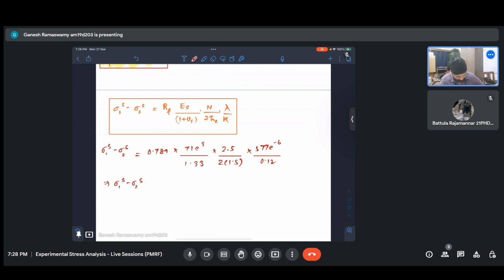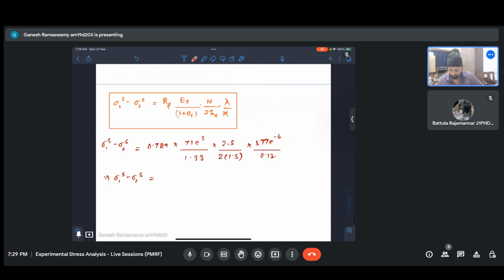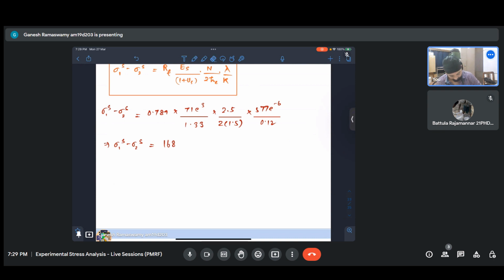This will come out to be 168.77 MPa. So you can also parallelly check the calculations if everything is holding fine.